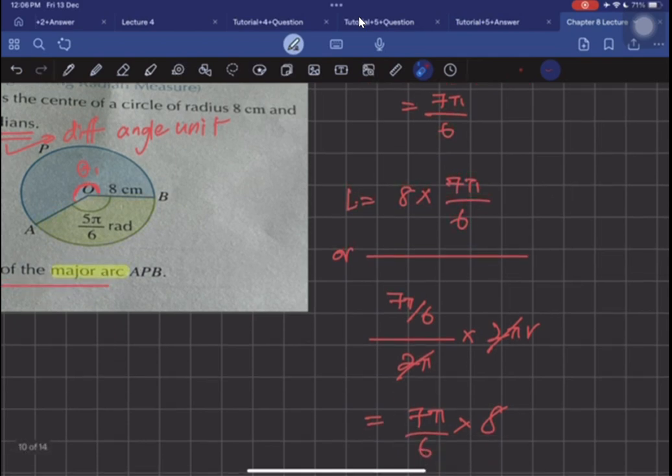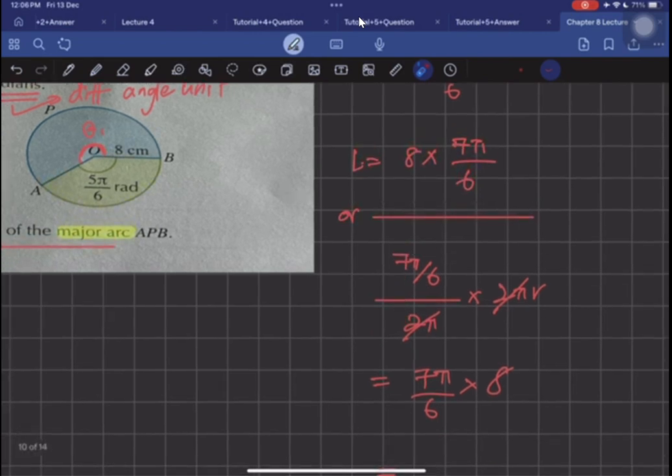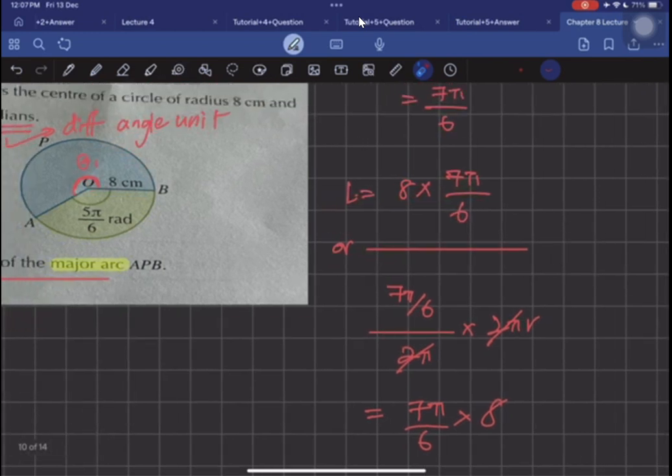In the case where you don't remember the formula r theta, you can use the previous formula, theta over 360 times 2 pi r. Just sub the 360 with 2 pi, and you will get the same thing. This is only if you don't remember this formula.